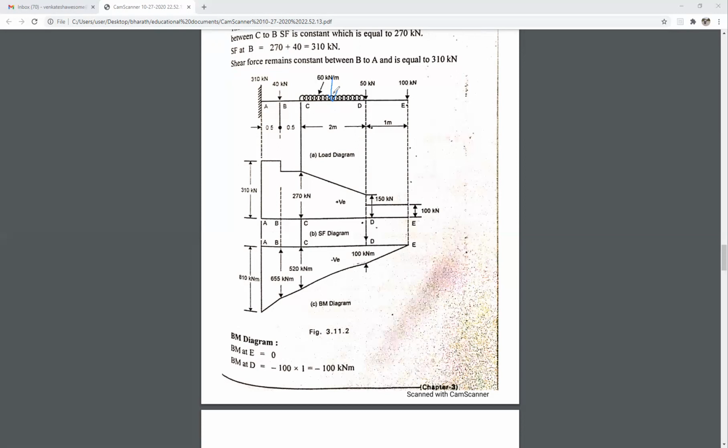If the length is 2 meters, the midpoint will be 1 meter only. The entire UDL is replaced by this force, which is acting at 1 meter here. It will be 1 meter, and another 1 meter, almost 2 meters.